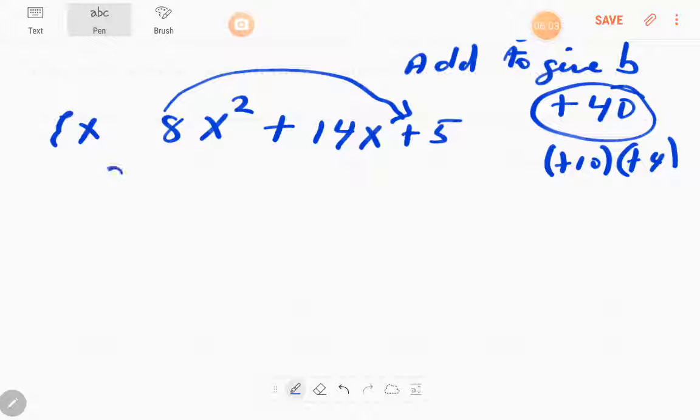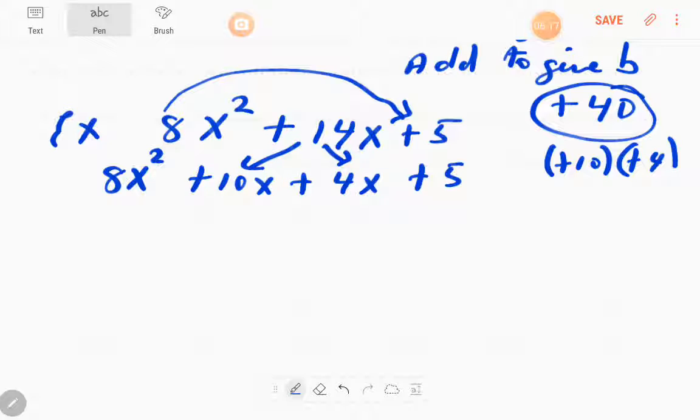So the outer terms remain the same, so we keep 8x squared plus 5, and then we're going to split that 14x up into plus 10x plus 4x. So now we have 4 terms, and then we apply factoring by grouping. Looking at the first 2 terms, we could factor out 2x.